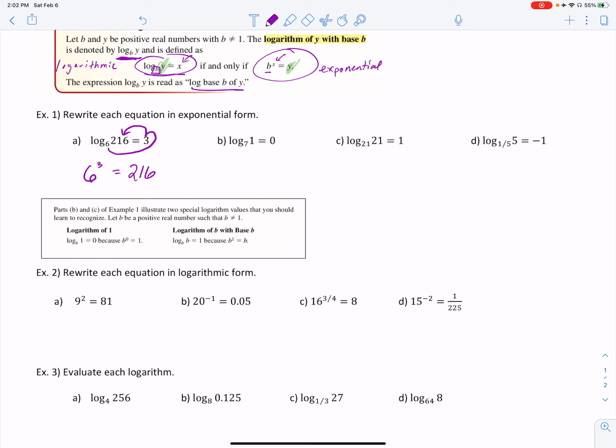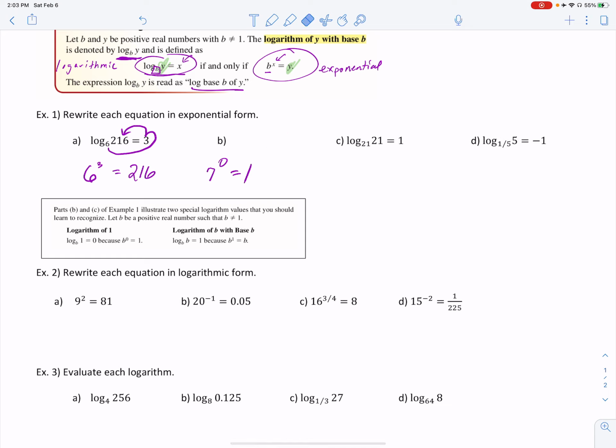All right, so part B, the base is 7. And remember, the output of a logarithm is the exponent. And then the argument of the logarithm is what that equals. 7 to the 0th equals 1.